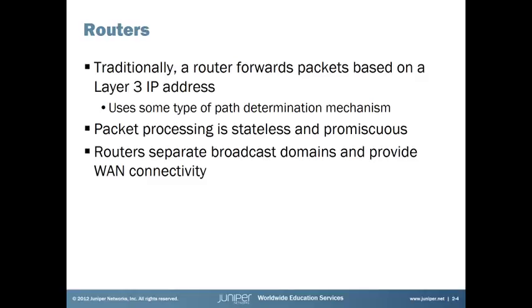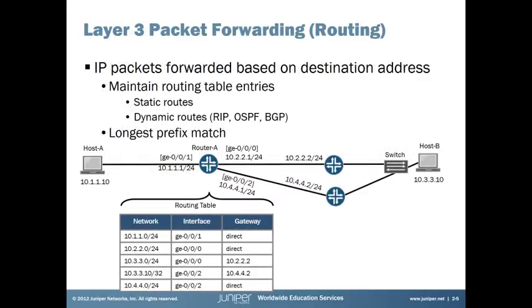So what do routers do? Well, they separate broadcast domains, as we know, and they also provide WAN connectivity. IP packets are forwarded based on their destination address. That is the usual way of forwarding packets. They maintain a routing table, as we know.